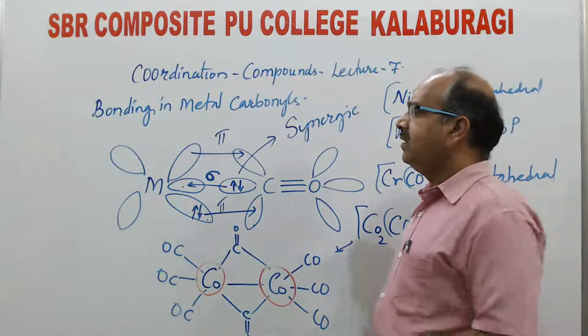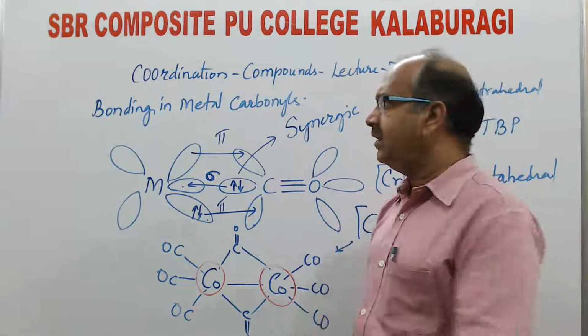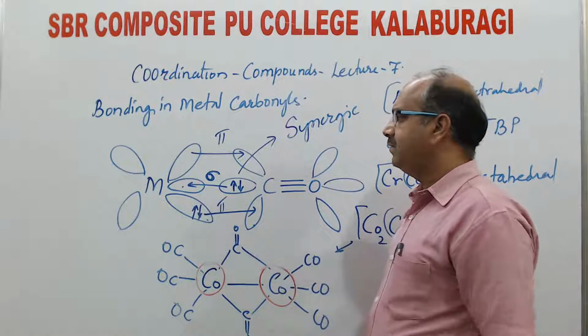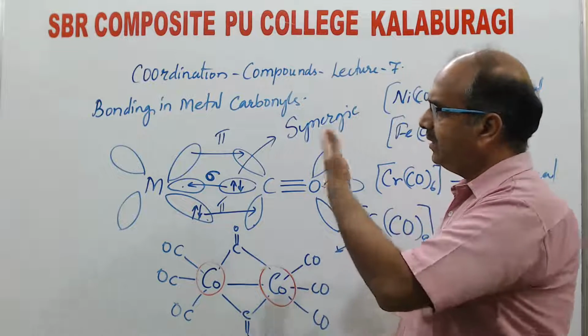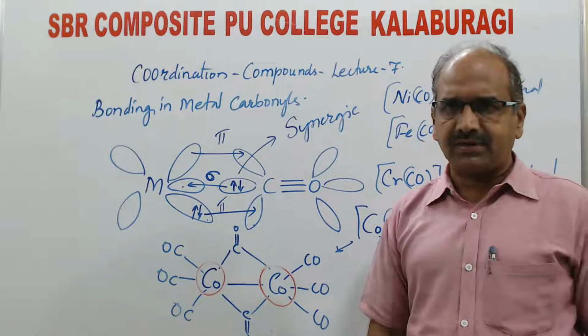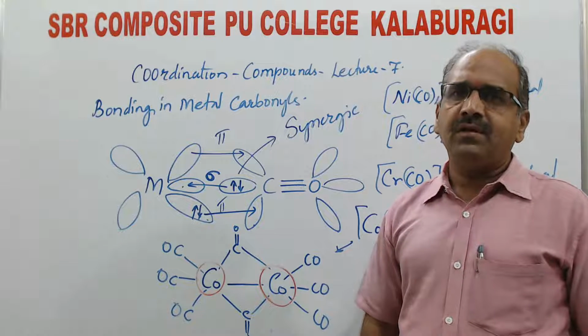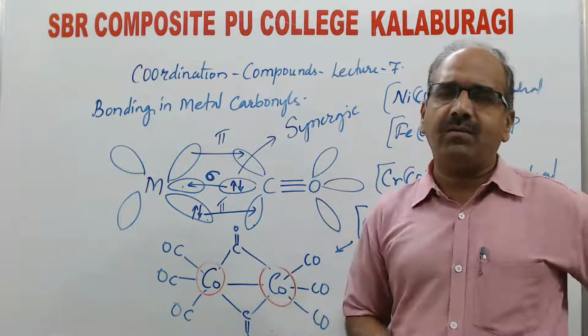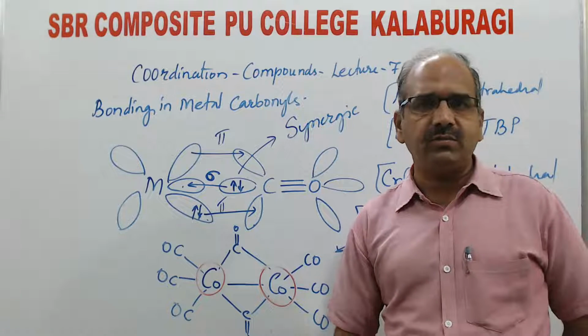That is one. Then the metal atom's pi star antibonding orbital shall overlap with the empty orbital of the carbon, and there is going to be a pi bond. So using the pi star antibonding orbital, it bonds there. That is the synergic bonding.